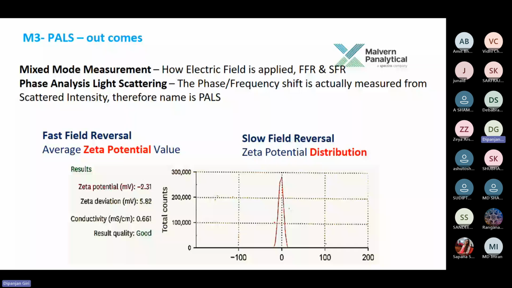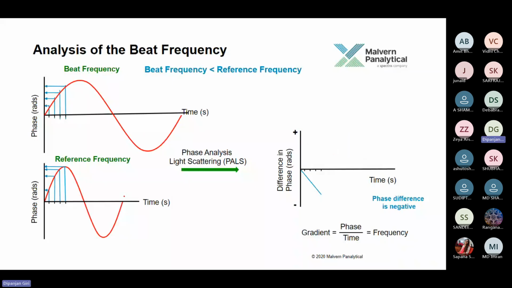Here you will get the zeta potential value, as well as the zeta potential distribution graph. So the reference beam is combined with the scattered beam, and we receive the constructive and destructive interference light variation as a frequency, carrying the particle information.